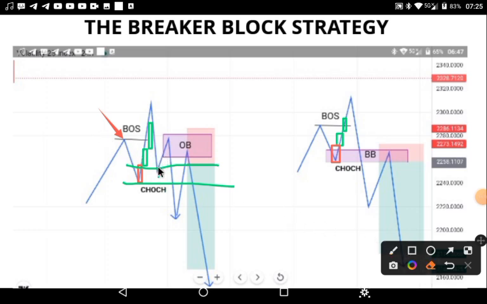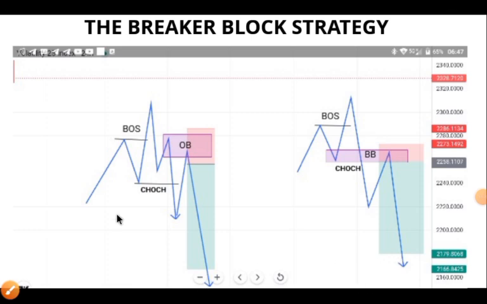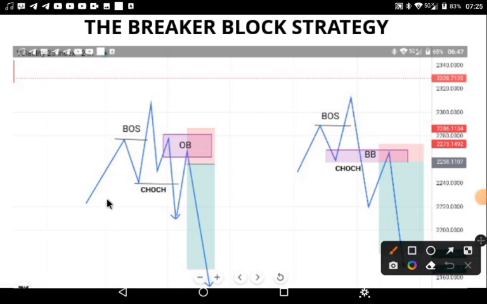Let me take off these things. So a structure was formed right here, and price broke through it. Most of the times, the order block will be around here.